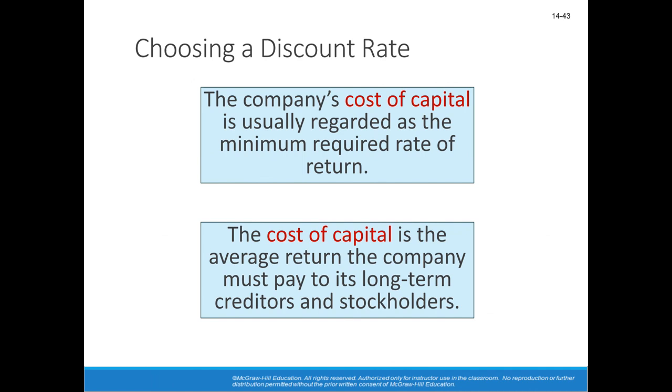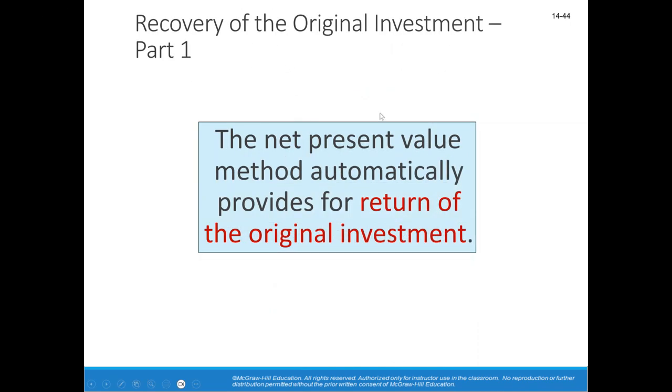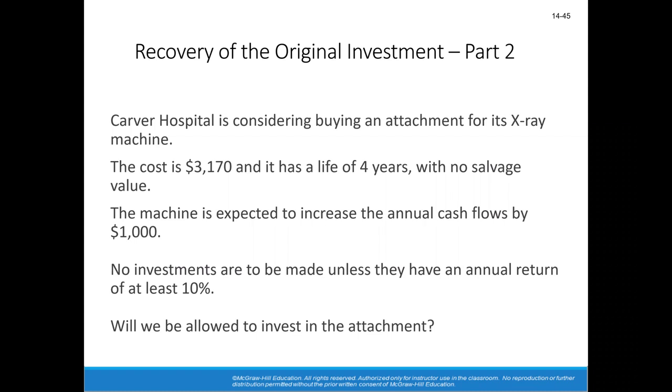So it's an average return the company must pay to its long-term creditors and shareholders. And it's a very complicated number. Usually the CFO is going to give you that number. The net present value method automatically provides for return of the original investment.